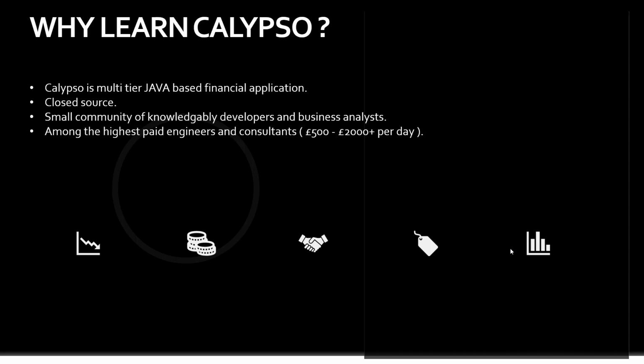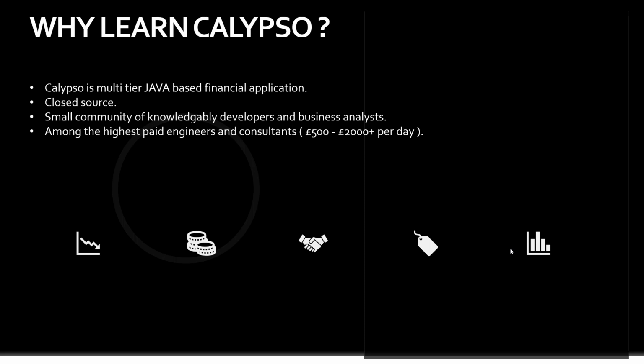Also, Calypso developers and business analysts are amongst the highest paid engineers and consultants. The takeaway is something like, for a very junior Calypso developer, you're talking about £500 a day, to a more senior, maybe £2,000 a day or more.